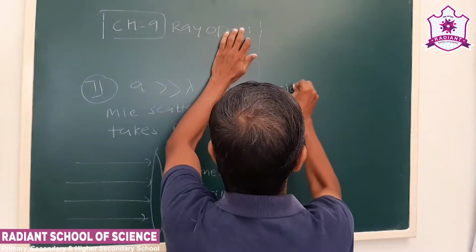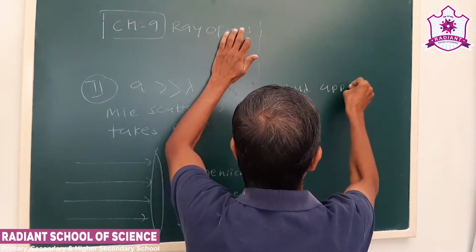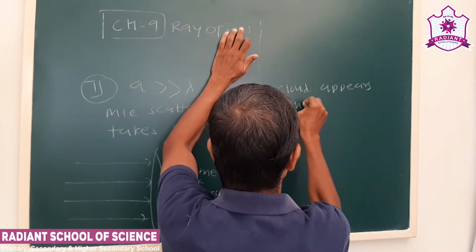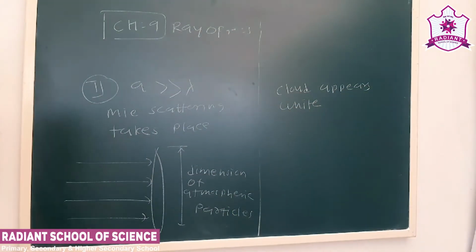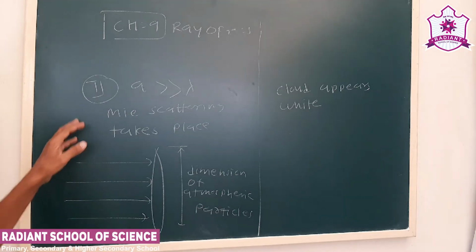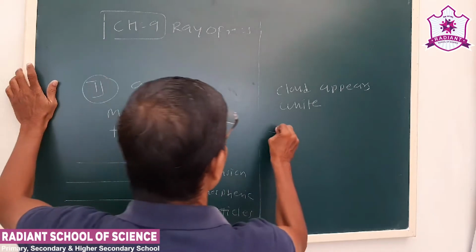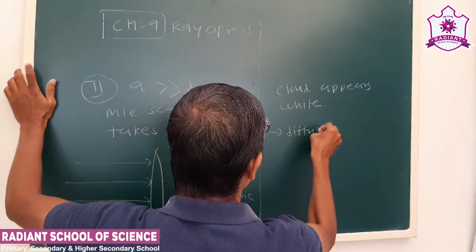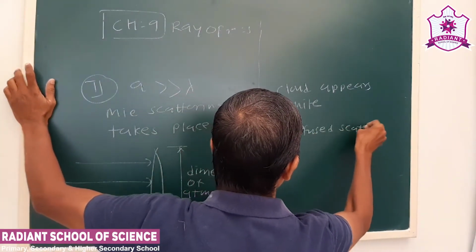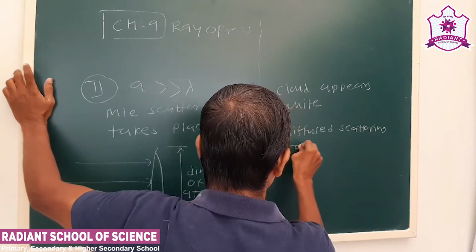Now see, cloud appears white. That is due to Mie scattering. In this Mie scattering, diffused scattering takes place.